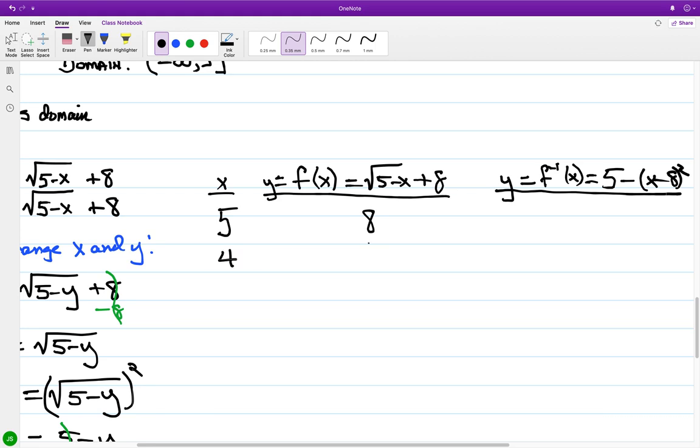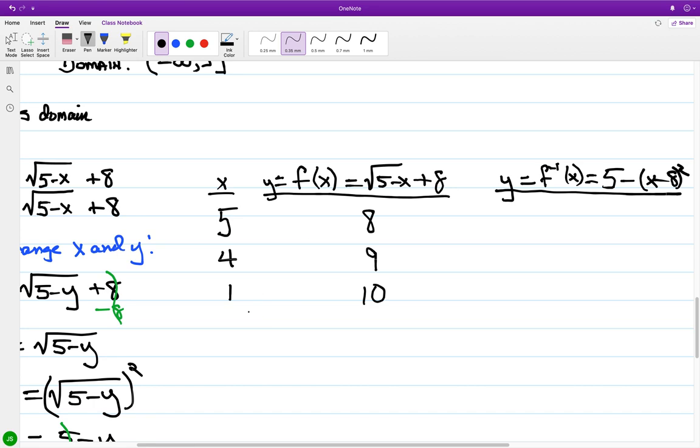Let's say we have 4. 5 minus 4 is going to be 1, and 1 plus 8 is 9. And let's say if we have x at 1, 5 minus 1 is 4, square root of 4 is 2, plus 8 is going to be 10.